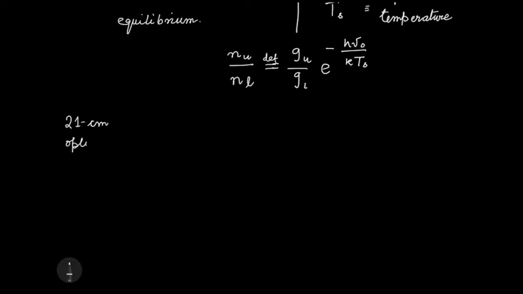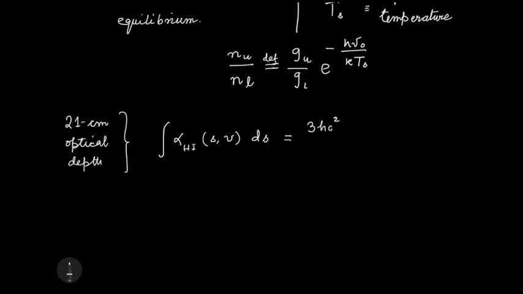Now, this is alpha, right? What about 21 centimeter optical depth? By definition, it is alpha, which is also a function of s, and then ds.